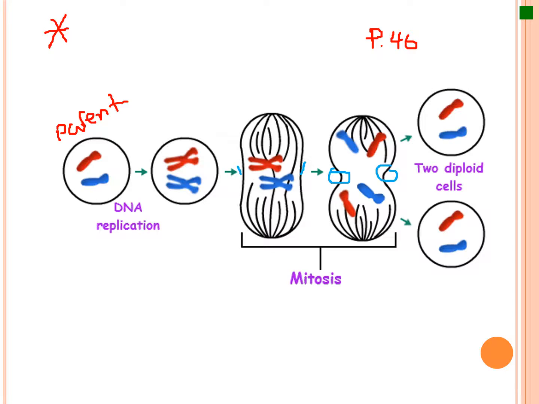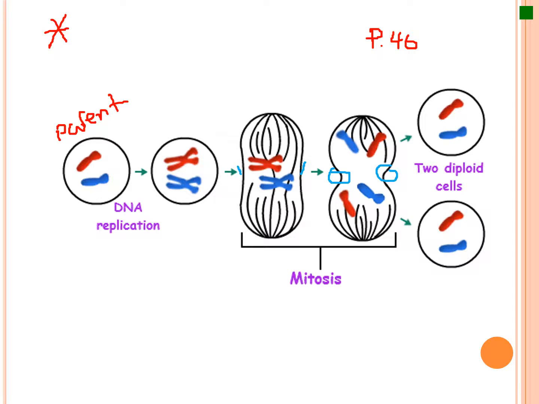In the next phase, they attach themselves to the chromosomes. After they attach to the chromosomes, the microtubules start to retract back to opposite ends. Because they're attached to the chromosomes, as they retract it separates the copies of the chromosomes to opposite sides of the cell.